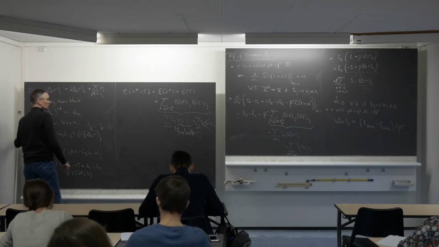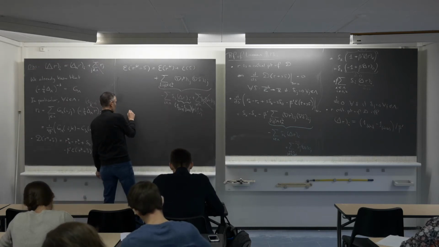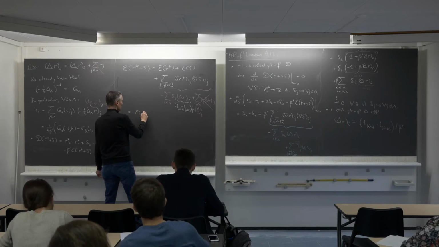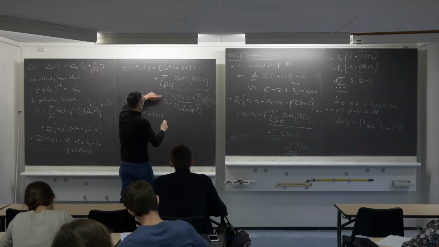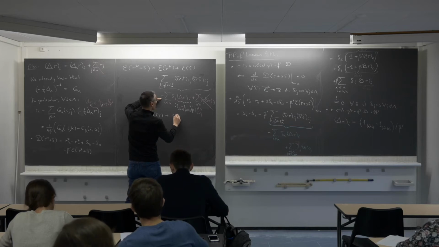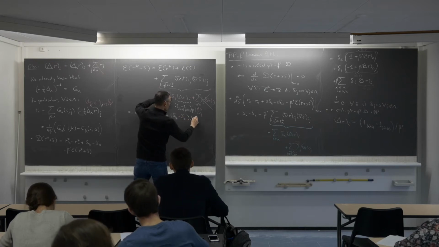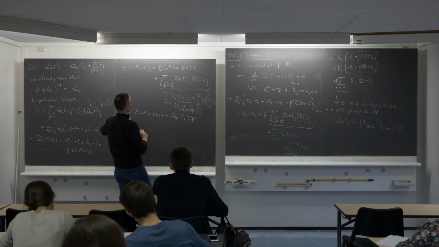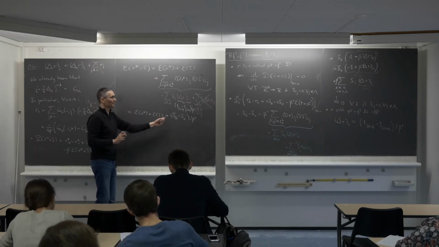So I'm just substituting. This part of the functional is given by E of r star plus E of delta plus, after I change the order here, delta k minus delta 0 over beta prime. Hopefully I'm not forgetting anything. If I've not made any mistake, that's what we get.